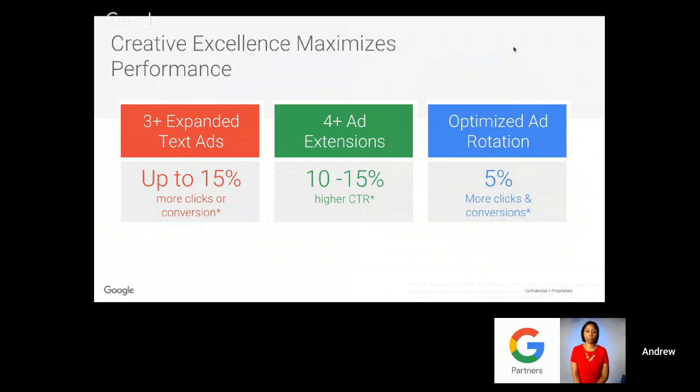Having at least 4 or more ad extensions on every campaign typically will garner a 10 to 15% increase in click-through rate. And then lastly, ensuring your ad rotation is set to optimize will give you 5% more clicks and conversions on average. So as you can see, these are some pretty impactful numbers that can make a difference for your clients. That's really why we're starting here.